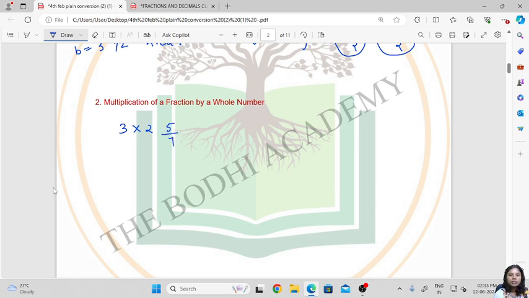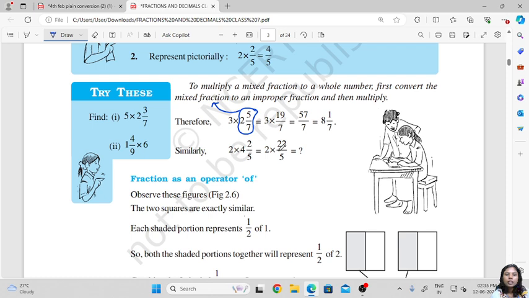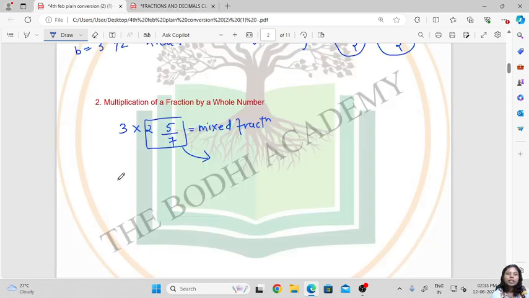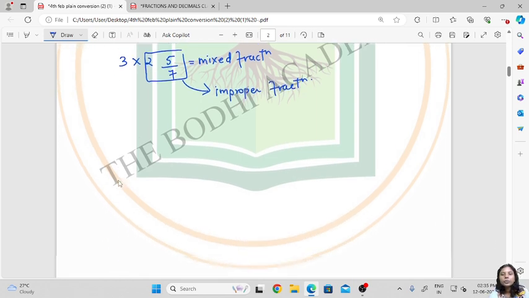So now this part which is there is the mixed fraction. Now this we have to convert to an improper fraction, as they have said. So how do we do that?